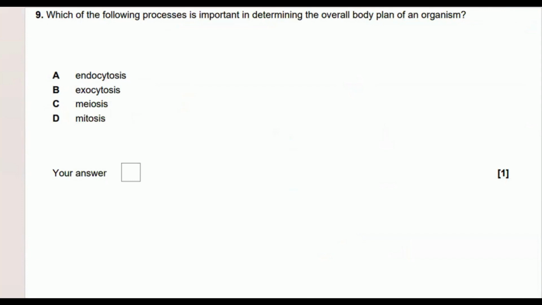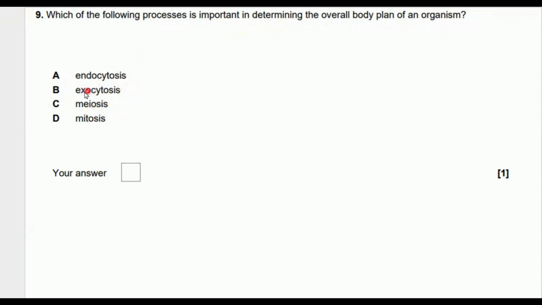Question 9. Which of the following processes is important in determining the overall body plan of an organism? Now, we already talked about apoptosis, cell death being vital, but there's no cell death here. Endocytosis is bringing things into the cell. Exocytosis is things leaving the cell, when the vesicle membrane becomes one with the membrane of your cell and secretes things outside of the cell.